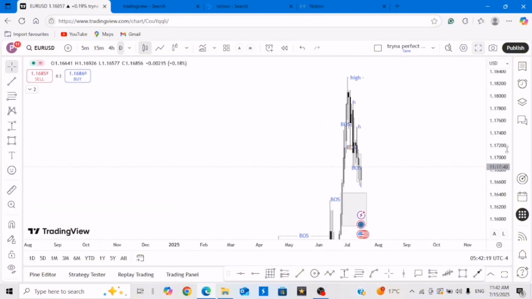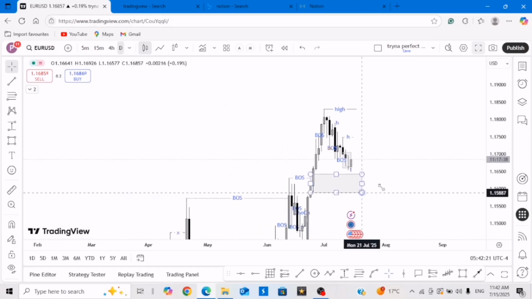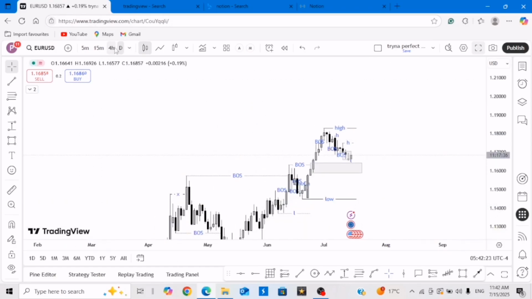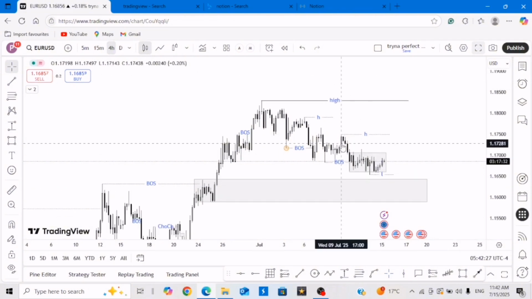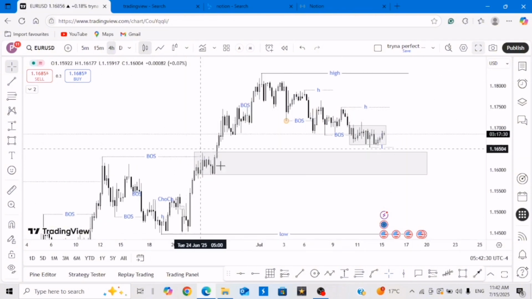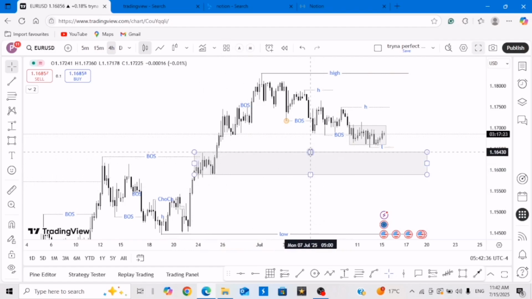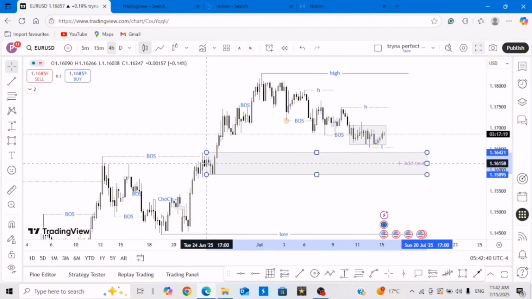If you look at the daily, on the 4 hour, I did see this smaller area where the market came and gave us a small pullback. So you might expect a reaction once price gets to this zone before shooting up. You know what I'm saying?